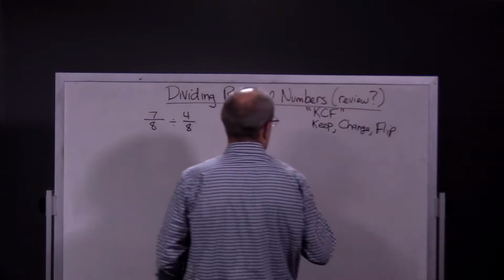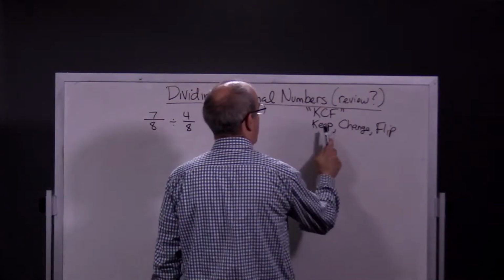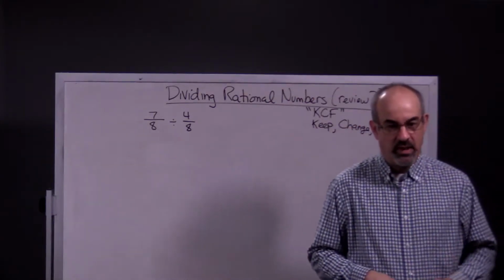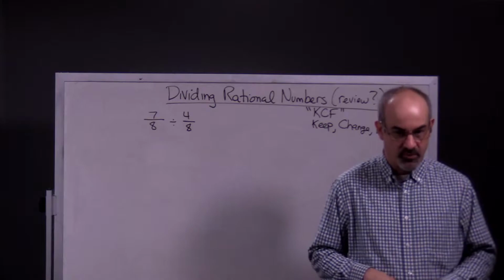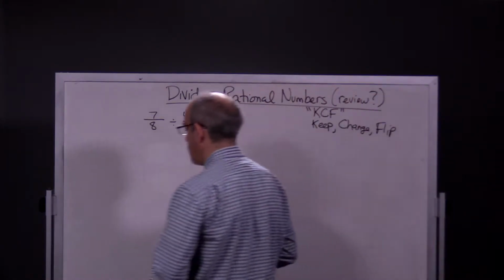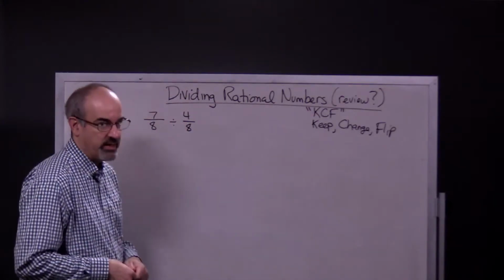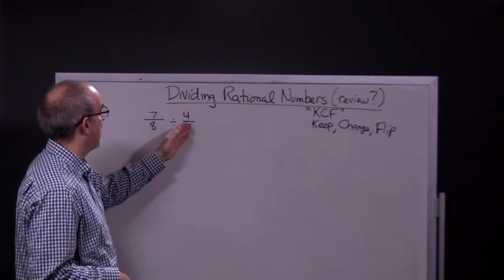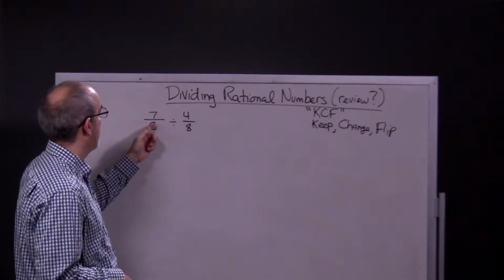You really have to follow this keep, change, flip. What I mean is, that's the first thing you do. You keep, you change, you flip. You don't simplify anything. You can actually simplify the 4 and the 8, but you can't simplify this way yet.